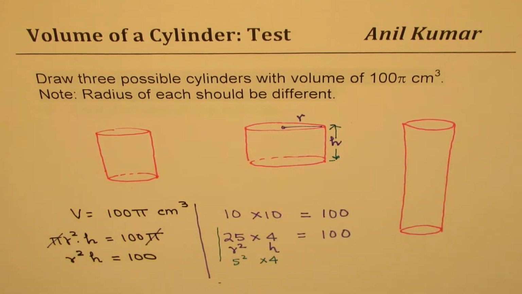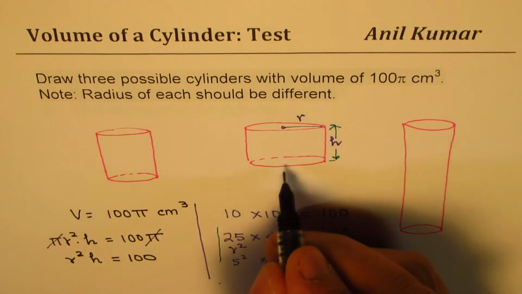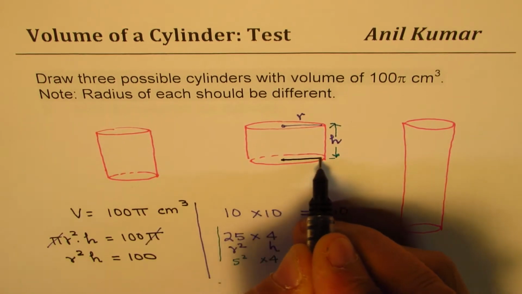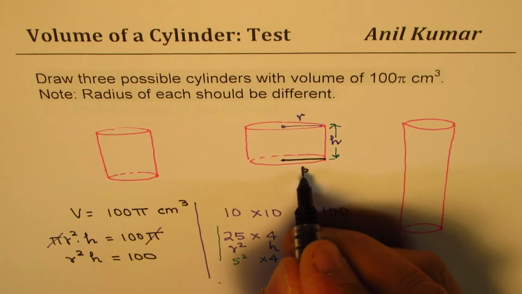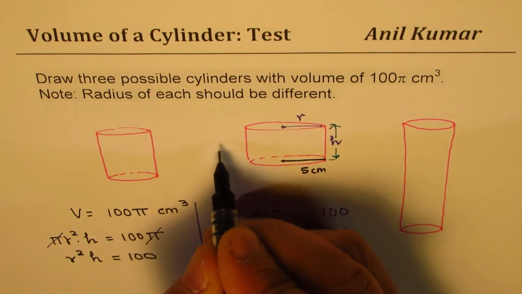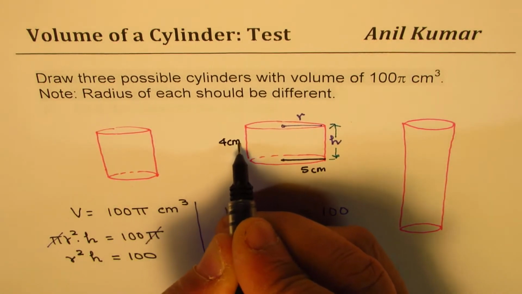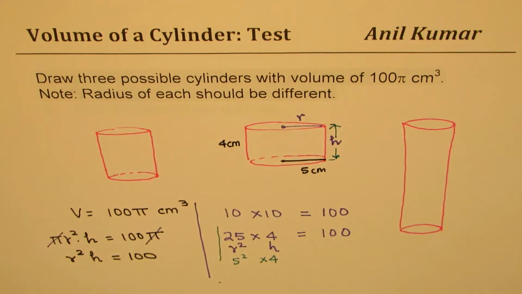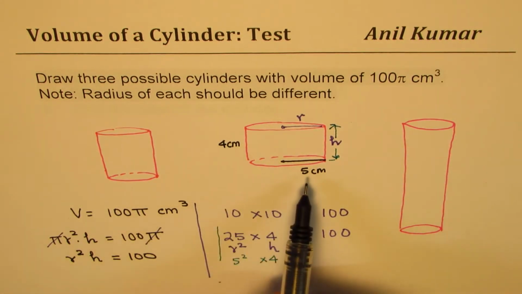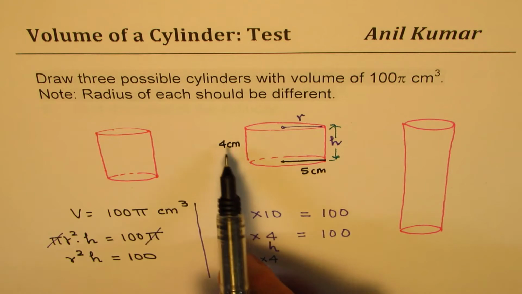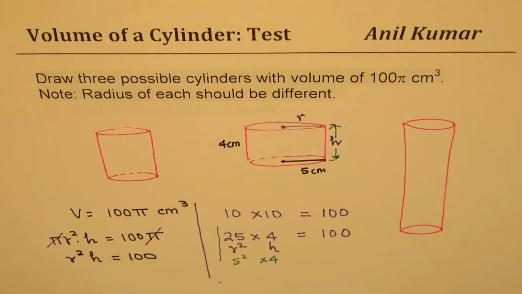So let's say one of those is this one, where I'm writing radius of 5 centimeters and height of 4 centimeters. Does it make sense to you? Volume of this will be r square, 25 times 4, 100. Is it okay? So that could be one case.